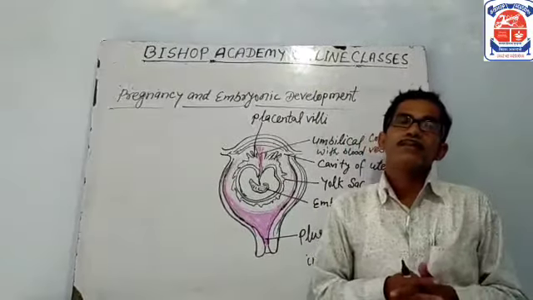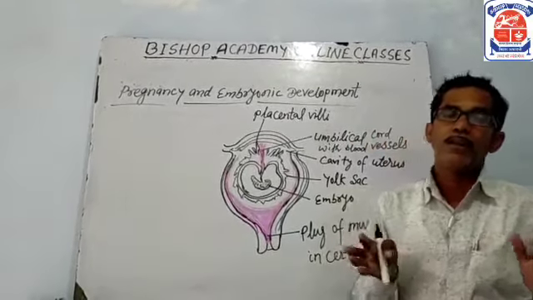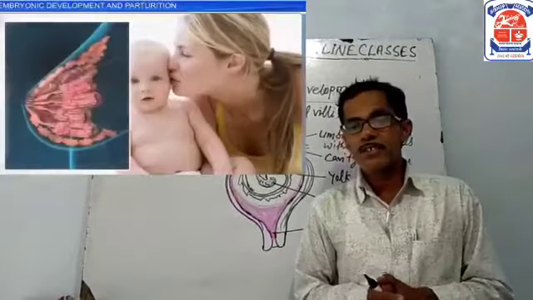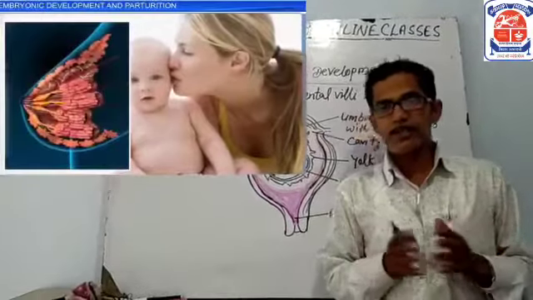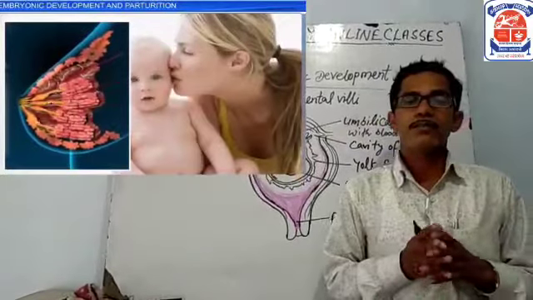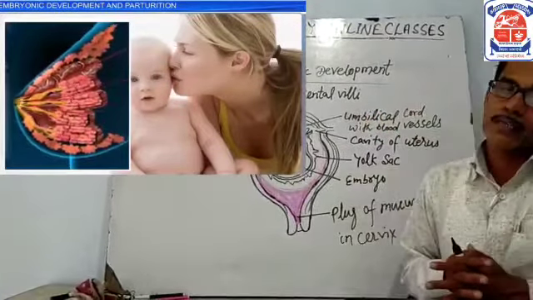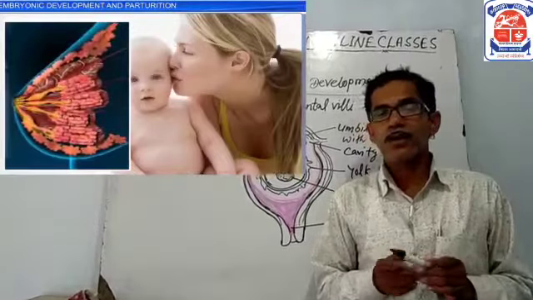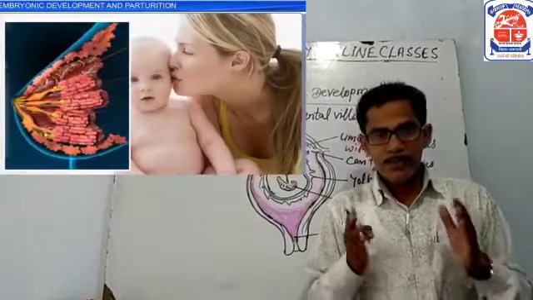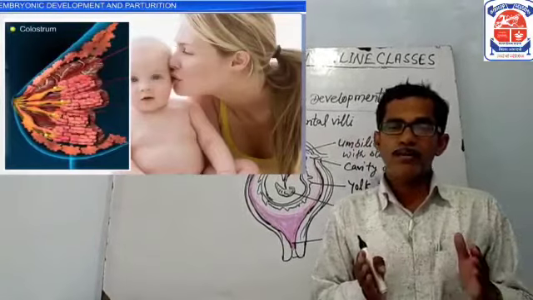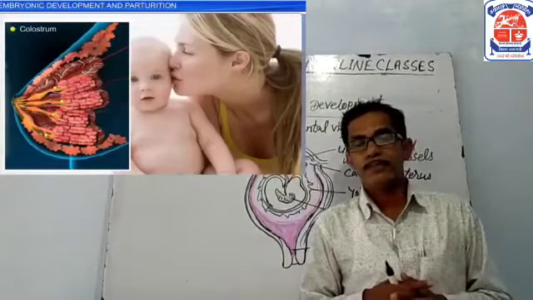The mammary glands of the female undergo differentiation during pregnancy and start producing milk toward the end of pregnancy by the process called lactation, which is required for nourishment of infants.